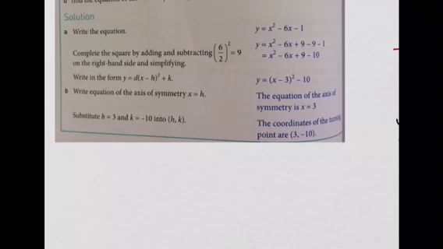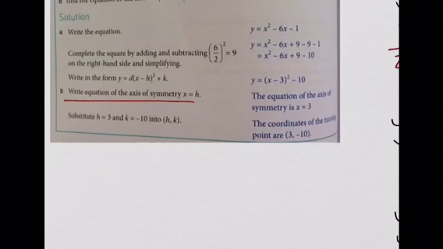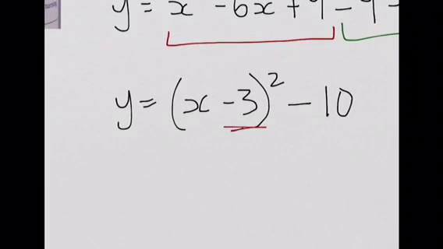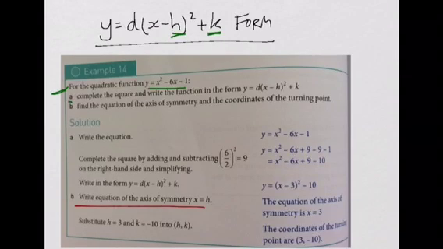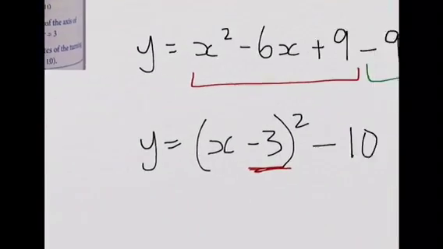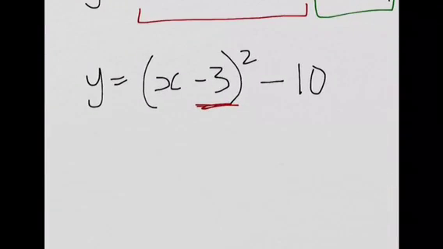Now they've asked us next to write the equation of the axis of symmetry, x equals h. Well, we had our equation in this form. Here's our h value. Let's go back to here. You'll notice it's x minus h. Because the form itself has a negative in front of it, this h value is actually just the 3.